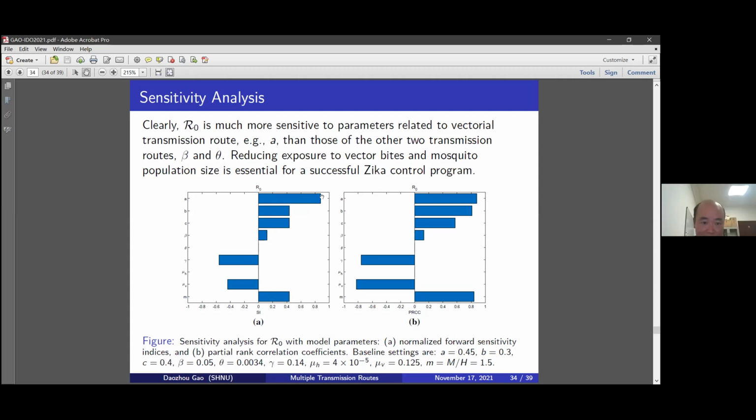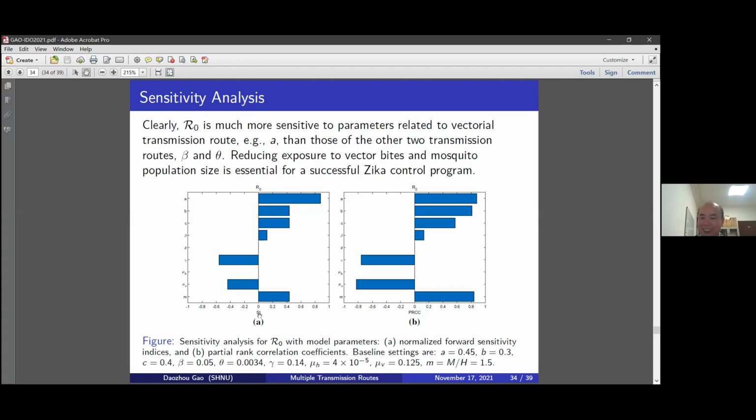It means the sensitivity index of R0 with respect to the biting rate is about 0.9. I did not understand the meaning of the vertical axis and horizontal axis. The horizontal axis is the sensitivity index, computed by a formula: the partial derivative of R0 with respect to the parameter, times the parameter, divided by R0.